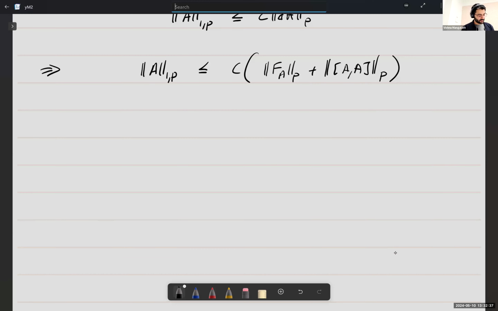Okay, we can do some calculation, but this looks like a product, so maybe we can use Holder's inequality, and actually we can do that. I'll quickly sketch how we replace this bracket with just a product of A's.